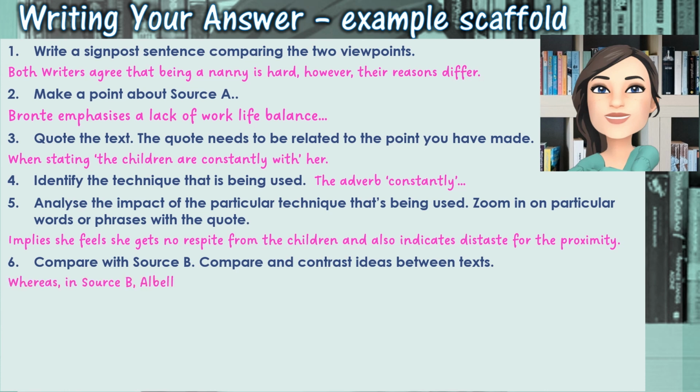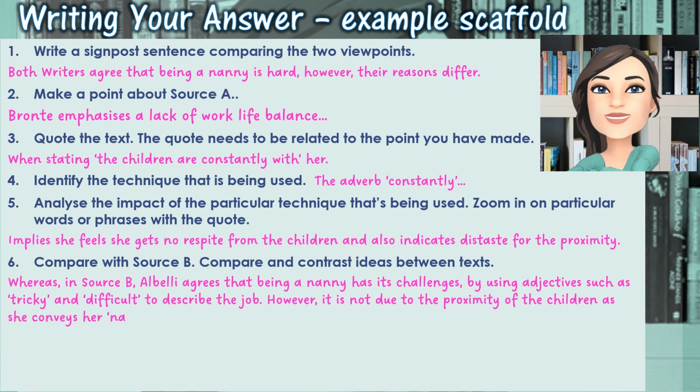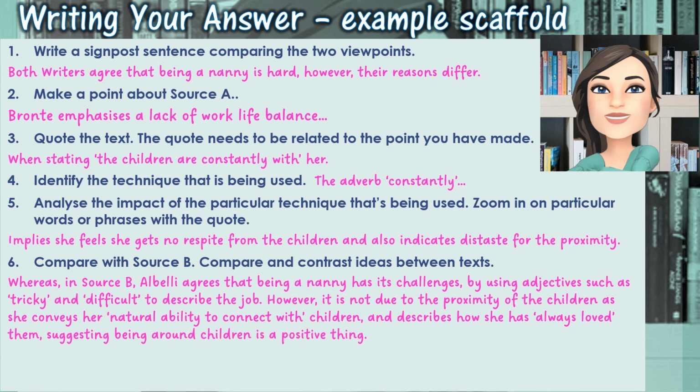For example, whereas in source B, Alberley agrees that being a nanny has its challenges by using adjectives such as tricky and difficult to describe the job. However, it is not due to the proximity of the children, as she conveys her natural ability to connect with children and describes how she has always loved them, suggesting being around children is a positive thing.